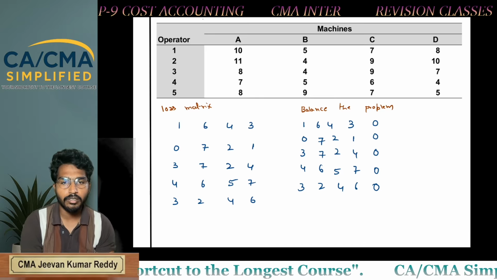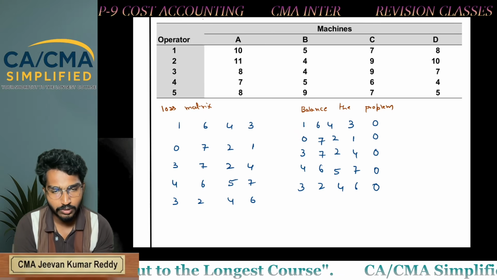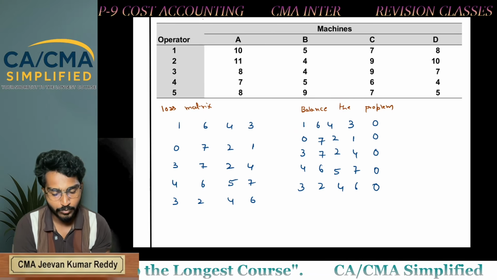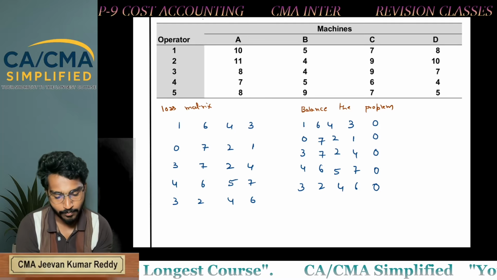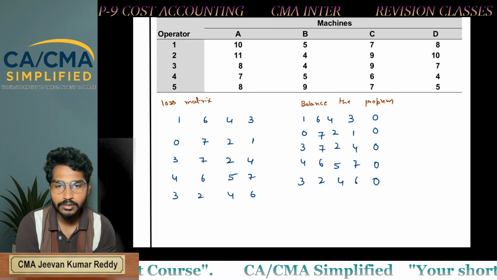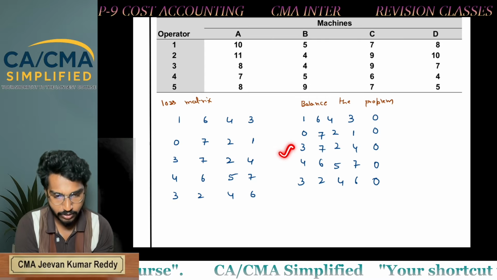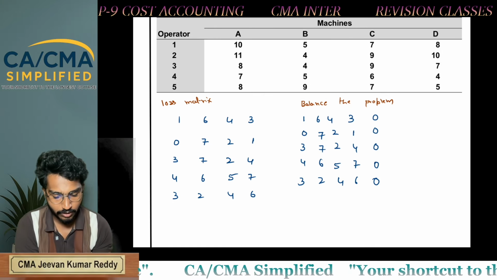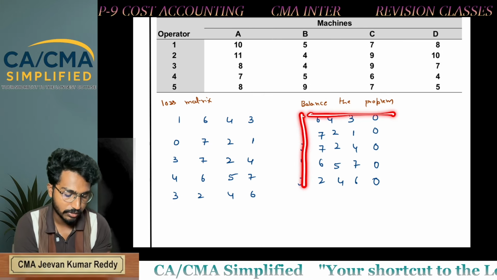In assignment, always the number of rows must be equal to the number of columns. Here the number of rows is 5, and the number of columns is also 5.